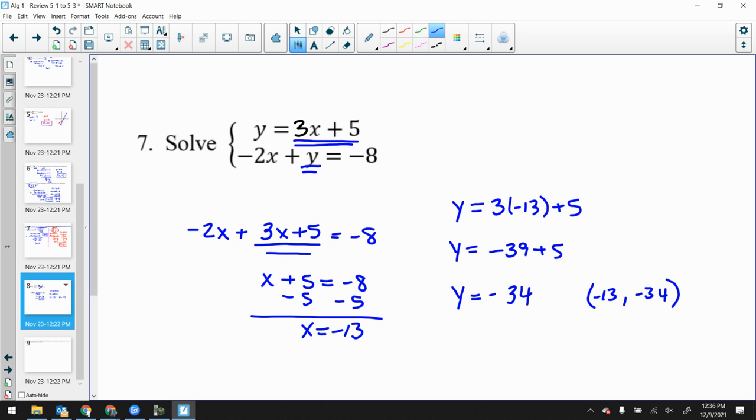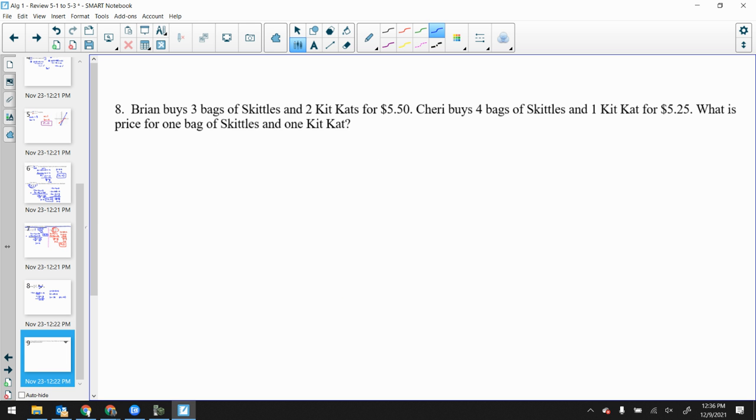Okay, one more problem to do. Very similar to the donut problem and the song and album problem from last night's homework. Okay, we've got two treats. I don't know what to call them. Two candies. Skittles and Kit Kats. All right.